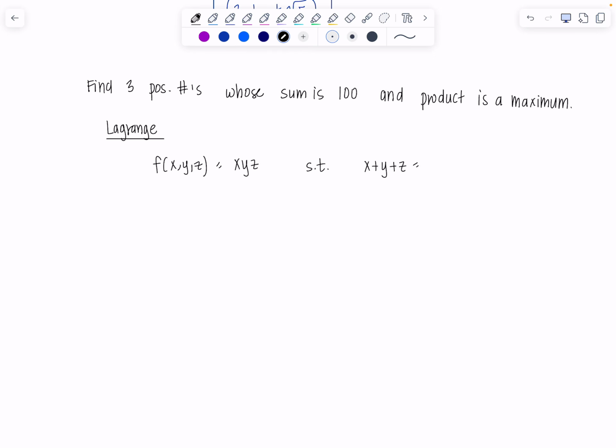Good. The sum has to be 100. Perfect. Also, here's something. We can be kind of sloppy. Divide by x, y, and z through on the equation, because I know none of them can be 0, because if they were 0, the product would be 0.